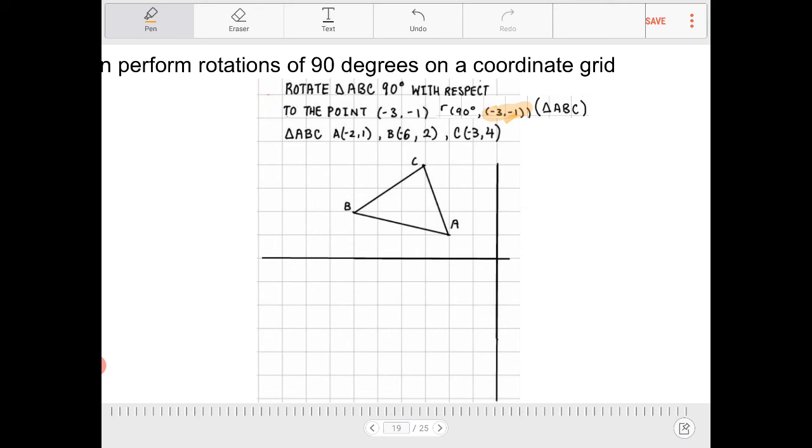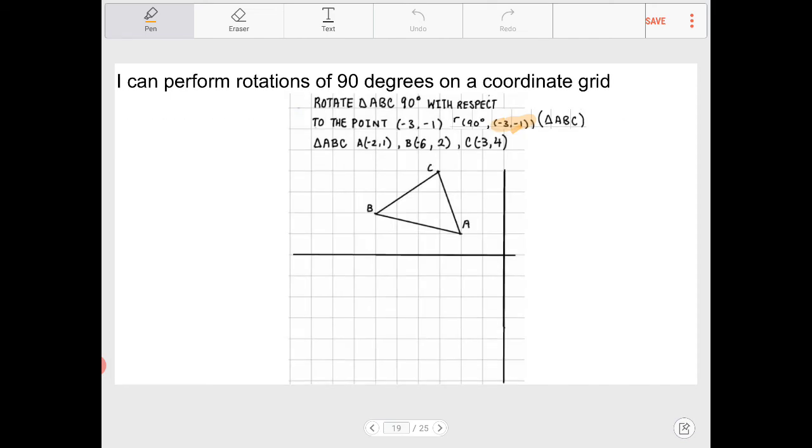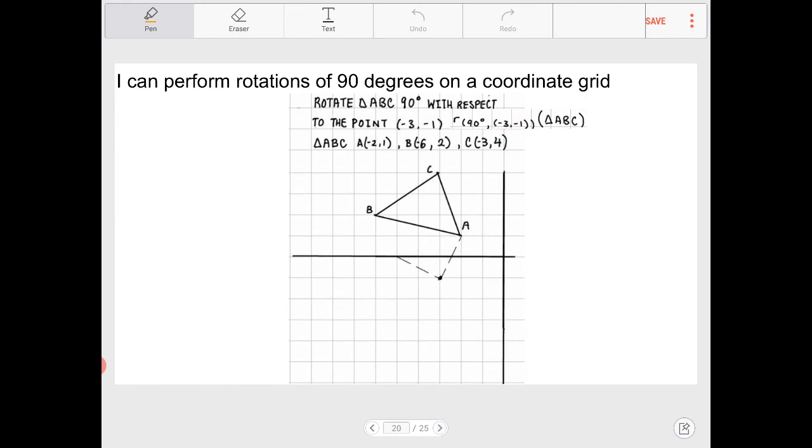However, the formulas from the previous slide will not work because these formulas are only applicable over the origin, and yet this point right here is over some other random point. So the formulas do not work. So you have to rely on your visual thinking here. So we're rotating all the points over -3, -1.